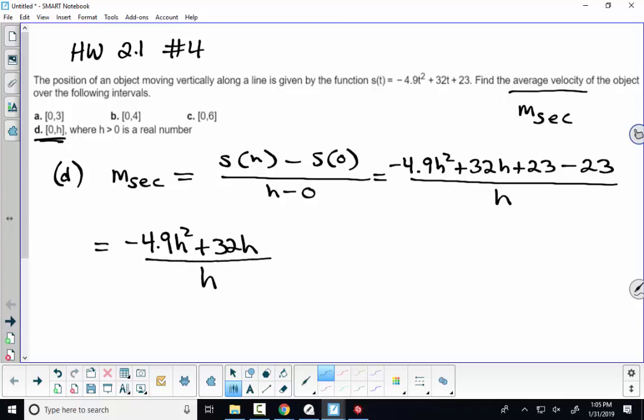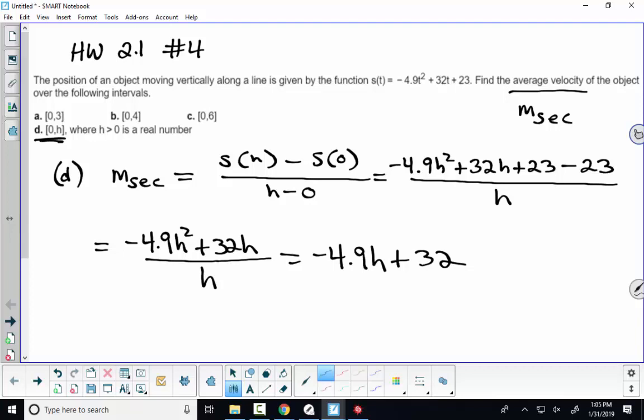So there's the slope of our secant line, and we can simplify this by factoring out an h and canceling. So we have negative 4.9h plus 32. So that's the average velocity on that interval.